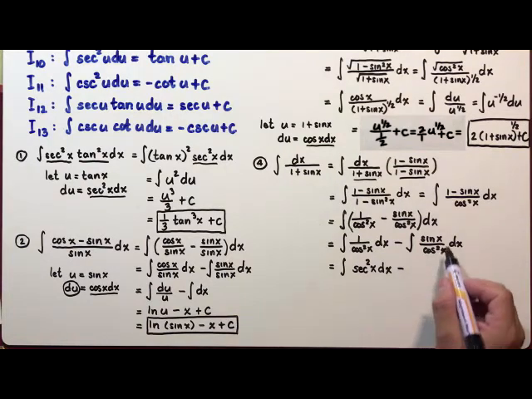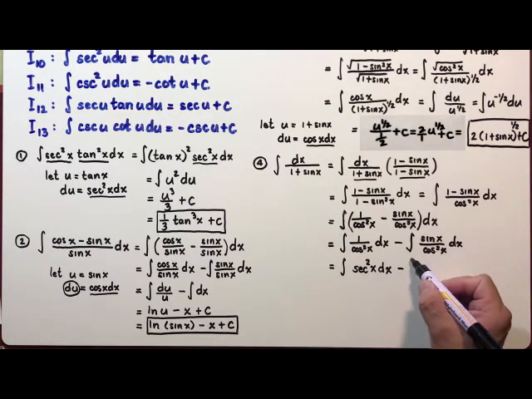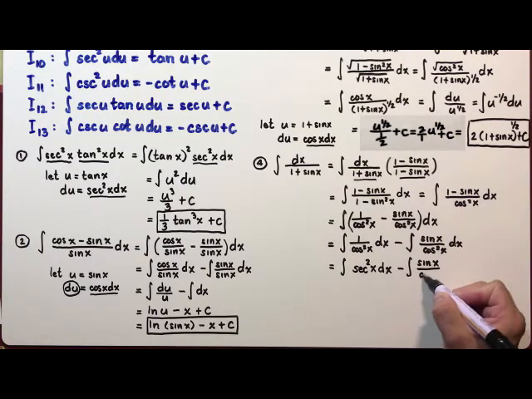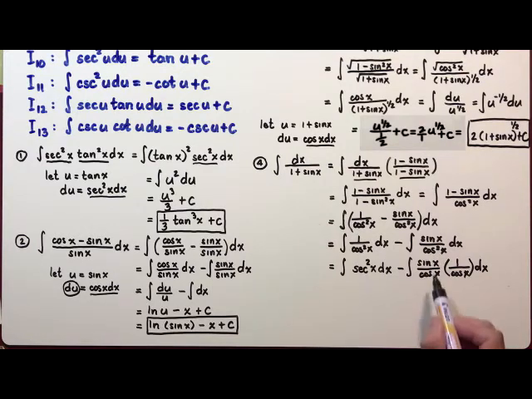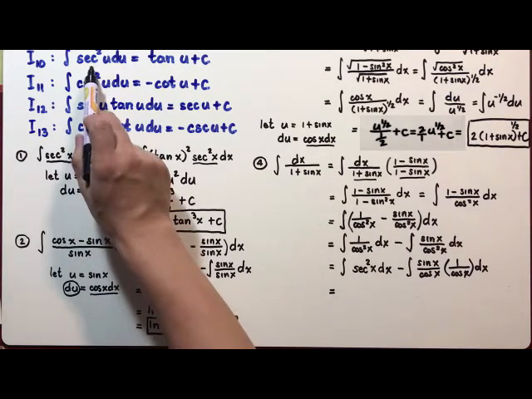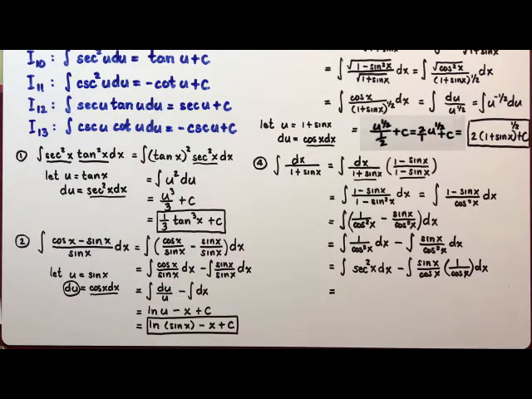And so what I can do here in my second integrand, I can factor it out such that this is equal to sine x over cosine x times 1 over cosine x dx. And you can check that cosine x times cosine x is cosine squared x, and sine x times 1 is our numerator. Now I can apply our formula that the integral of secant squared u is tangent u. So here, this is tangent of x.